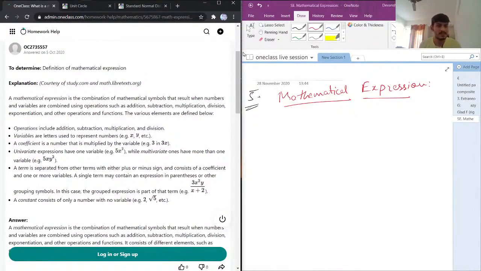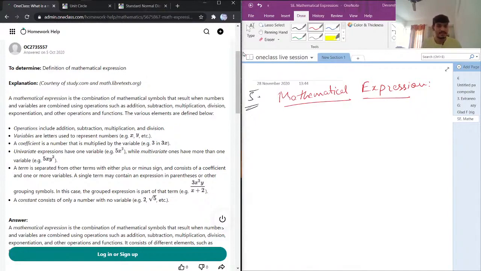A mathematical expression is the combination of mathematical symbols that result when numbers and variables are combined using operations such as addition, subtraction, multiplication, division, exponential, and other operations and functions. The various elements are defined below. Operations include addition, subtraction, multiplication, and division.